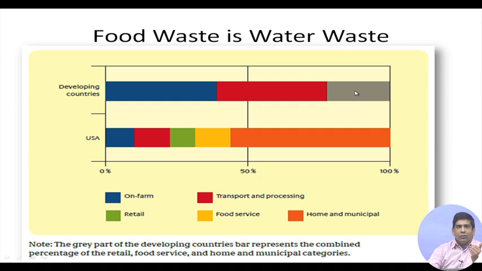and the last one, the gray, is a summary of the other three: transport, processing, food service, and retail. In developing countries, we are seeing more and more damage on farm, in terms of storage, with food being wasted because it cannot be transported in time, cannot be taken to a transport system on time, and doesn't get processed quickly.